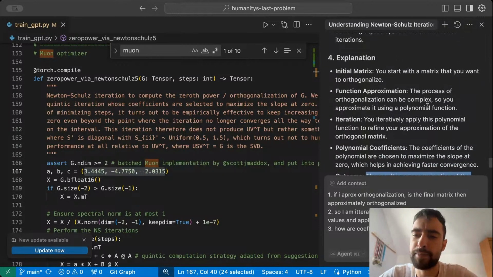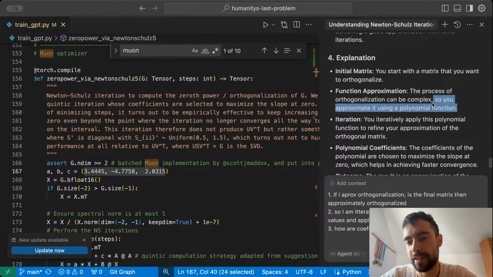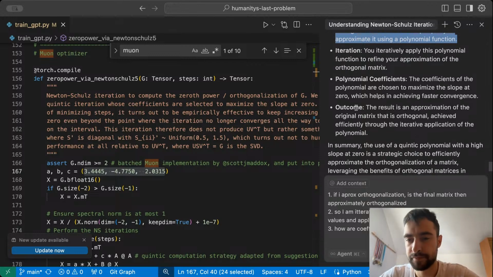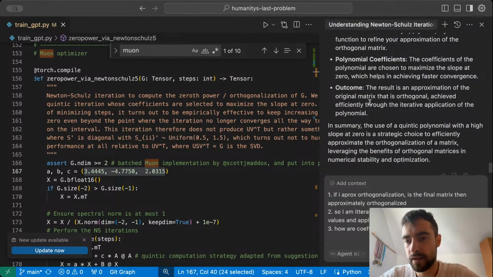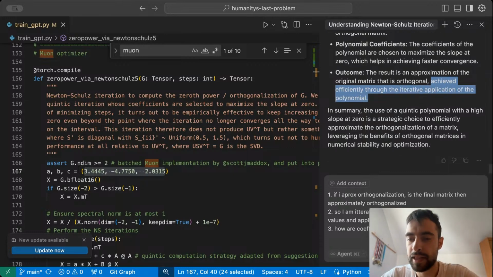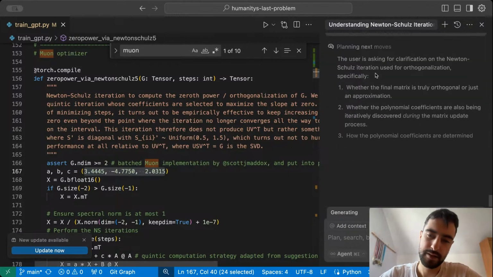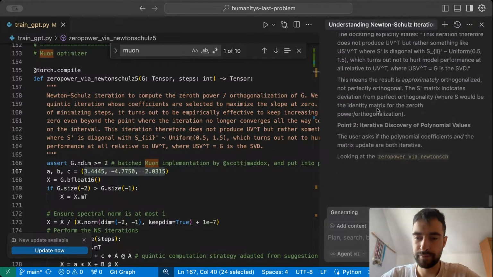So why does it say it approximates the process of orthogonalization? I guess even though you approximate it, it still gives an orthogonalized matrix. Achieved efficiency through the iterative application of the polynomial. Let me ask these 3 questions. I'm going to use this better model maybe. Okay.